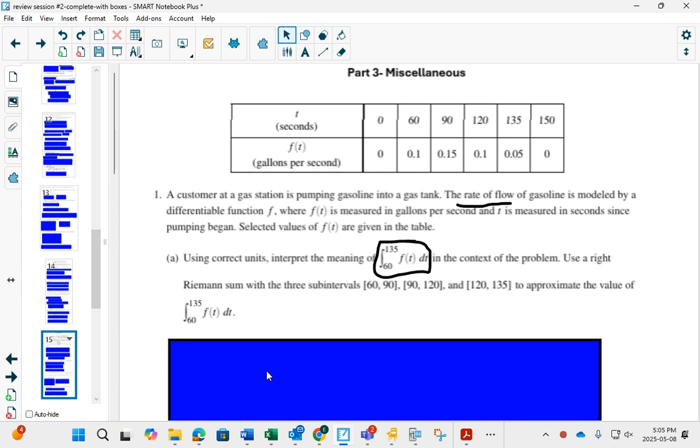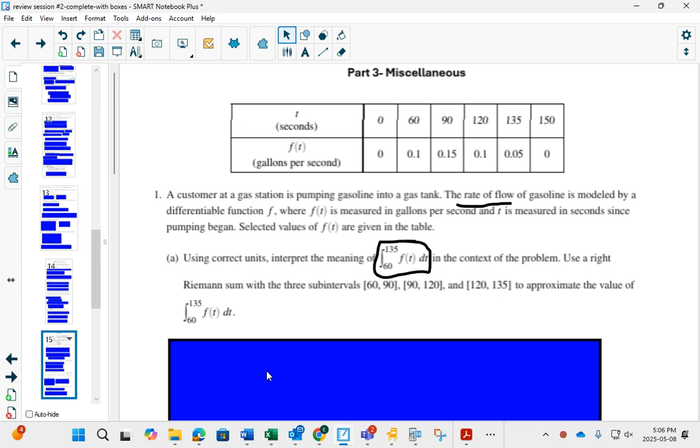Okay, a customer at a gas station is pumping gasoline into a gas tank. The rate of flow of gasoline is modeled by a differentiable function f. So it's nice to know that f is a rate measured in gallons per second, and t is measured in seconds since pumping began. Selected values of f of t are given in this table.